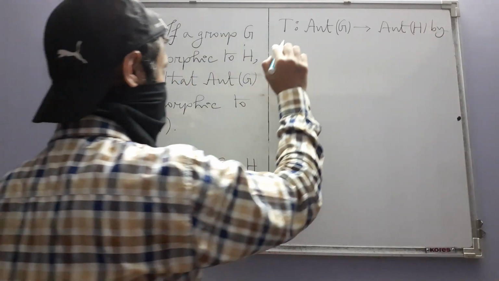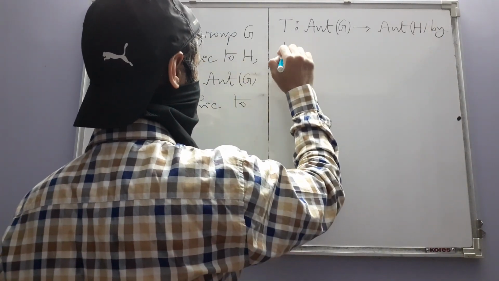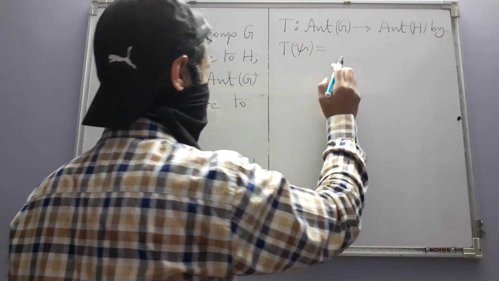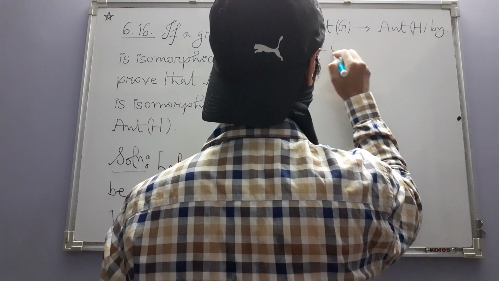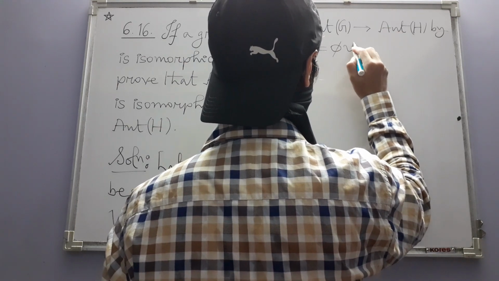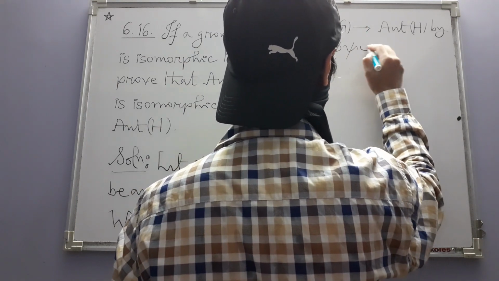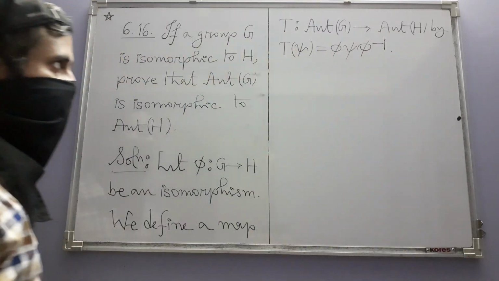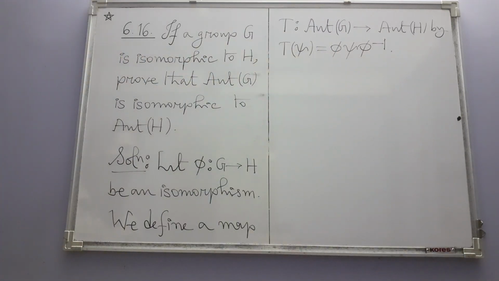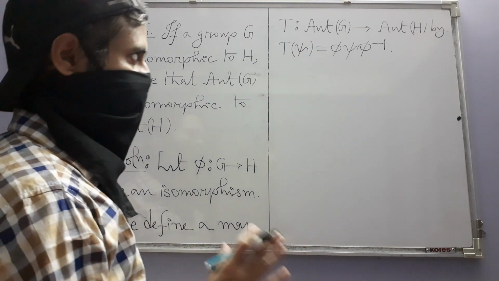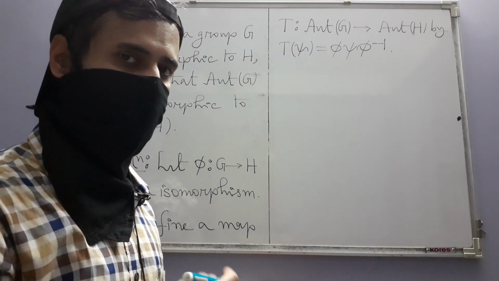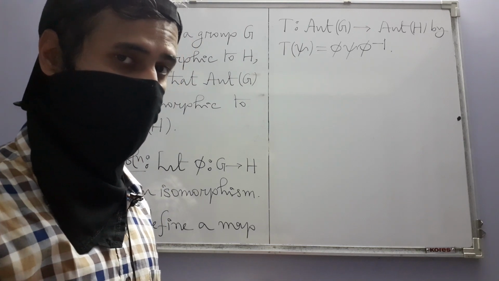By this rule, P of psi is equal to phi psi phi inverse. Okay, so now we have to first of all make sure that this is a well-defined map, because after that only we can see what else it is.